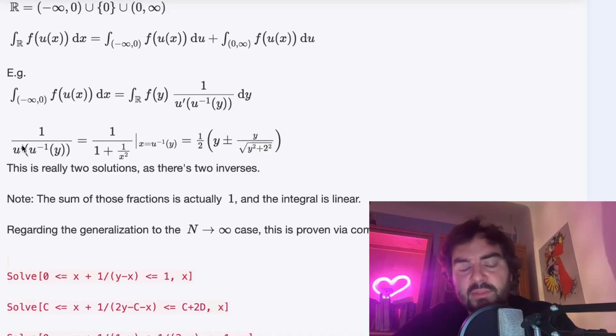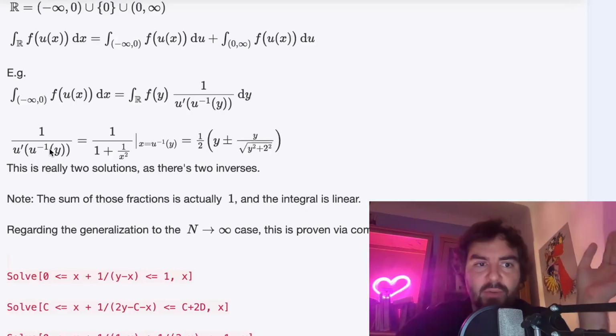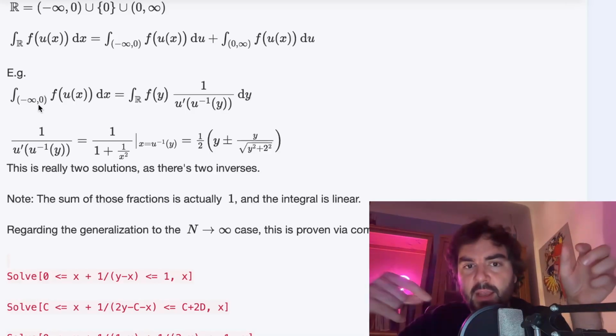The derivative of this function is just x minus 1 over x, right? So you can explicitly compute this. This is this thing. But then you also have to do the inverse, and the inverse now splits into two parts. For this part, from minus infinity to 0, you use the one inverse, and for the other part the other.